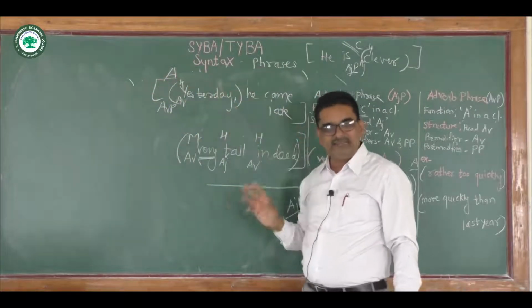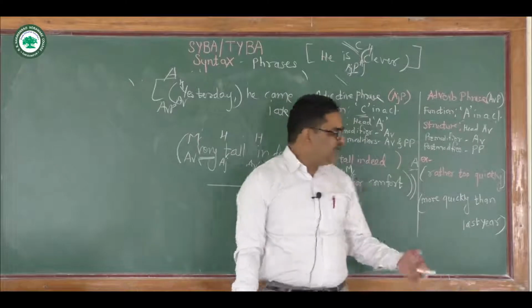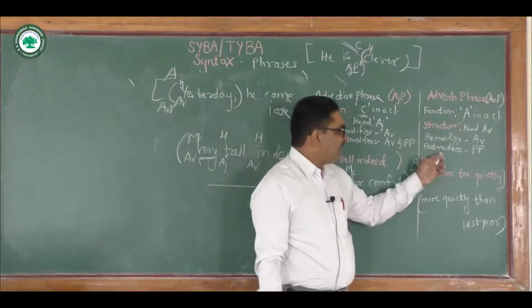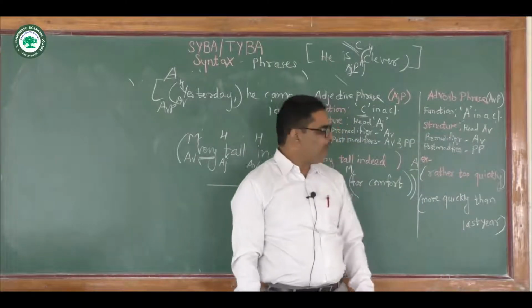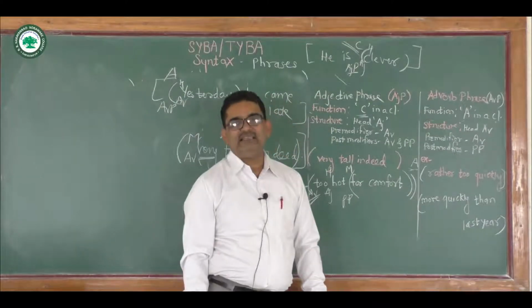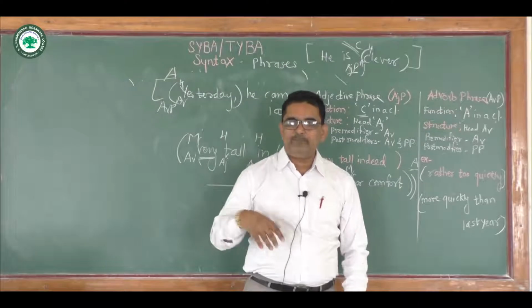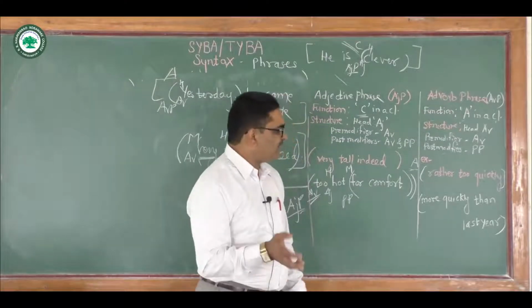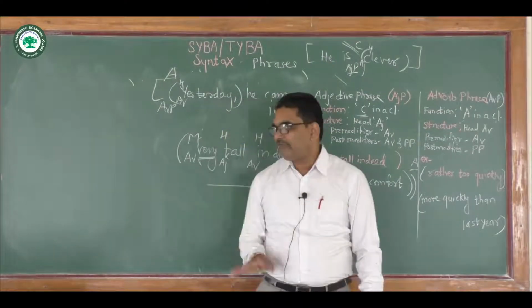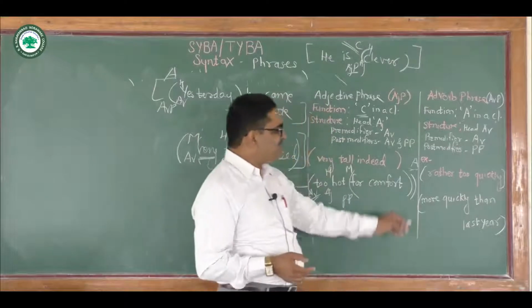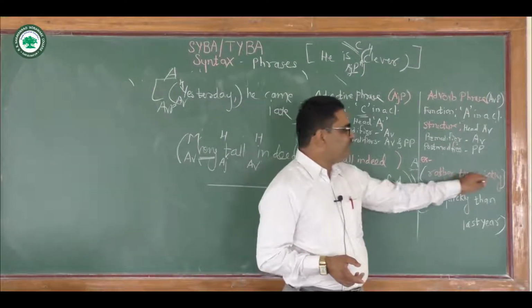Capital A means adverbial. Next, what are the post modifiers of an adverbial phrase? They too are adverbs or prepositional phrases. Likewise, here I have given two examples. Rather too quickly.